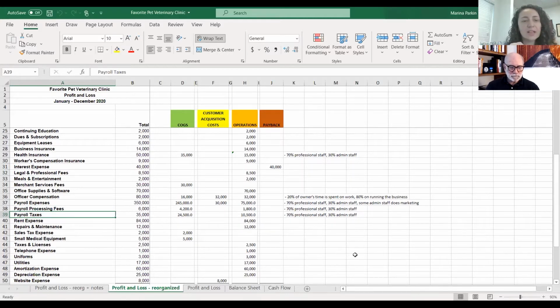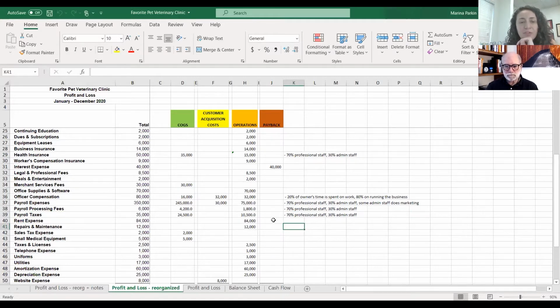So I said, okay, let me stick to that idea and split the health insurance that I pay for my employees, the general payroll expenses, payroll processing fees, and payroll taxes: 70% as professional staff, and that is cost of goods sold. Those are really the professionals that I need to earn that revenue. And then 30% went into general operations. That would be my office manager, maybe my front desk person, stuff like that.